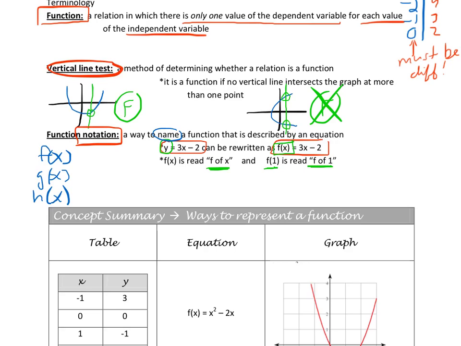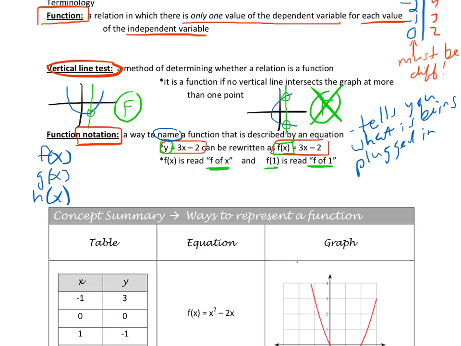Now if I want to plug in a number, I would say find out what f of 2 is, which means plug 2 into the f function. So it not only tells you which function to do, it also tells you what to plug in. So it gives you a name and it tells you what is being plugged in. Plugged is a very basic word, but we know it means substitution.